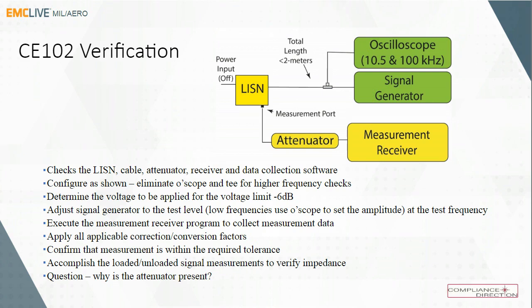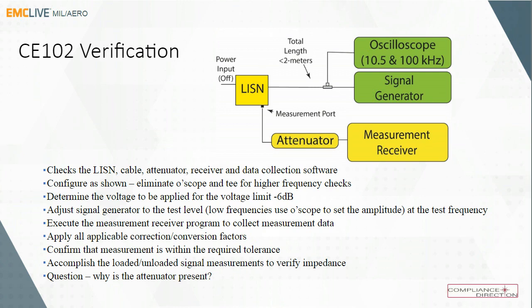After the lower frequency checks, the ones at 10.5 kilohertz and 100 kilohertz, we get rid of that T in the oscilloscope, because when the LISN comes into being at 10.5 kilohertz, the LISN impedance is approaching about 5 ohms or so, and the signal generator is looking for a 50 ohm termination.